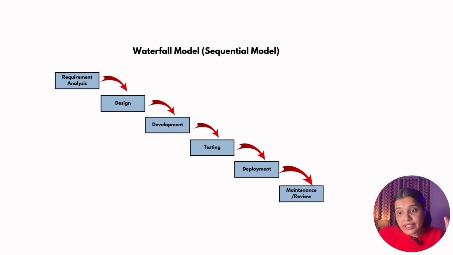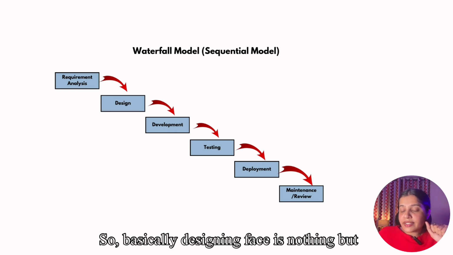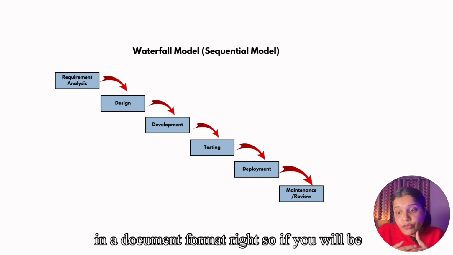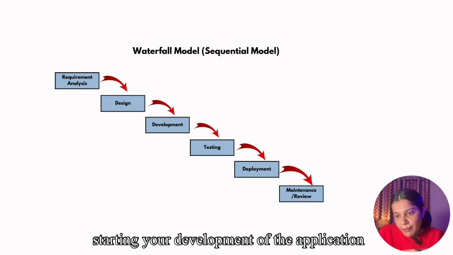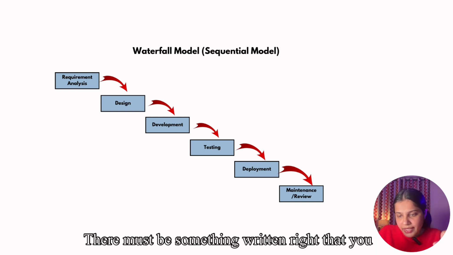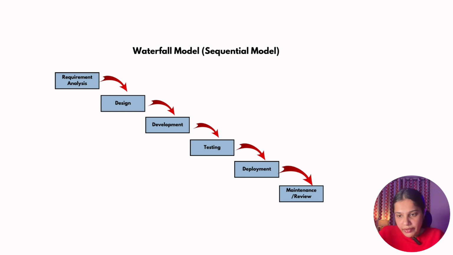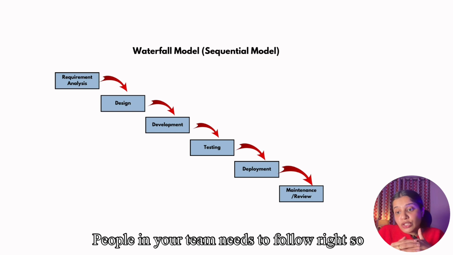Then we have the designing phase. Basically, the designing phase is nothing but a blueprint in a document format, right? If you are starting the development of the application, there must be something written that you have to follow. You can't just keep everything in your head and start coding, right? There has to be something documented which people in your team need to follow.